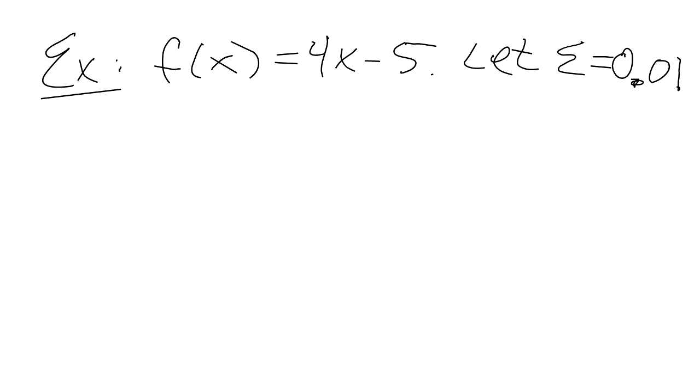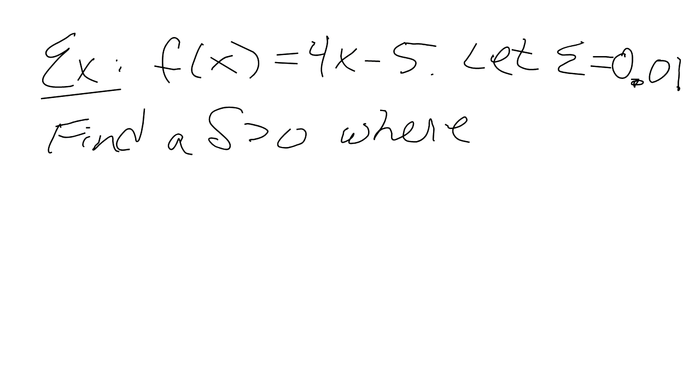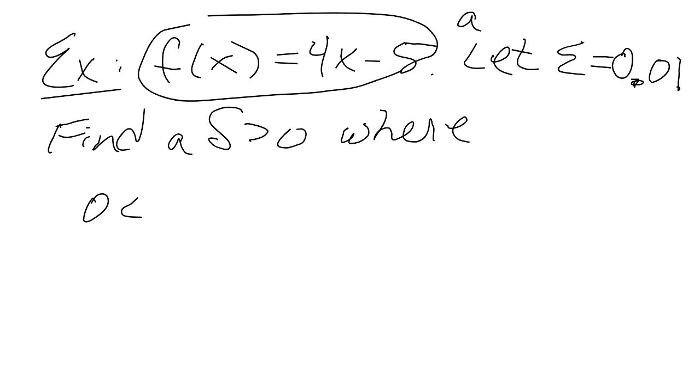And we need to find a delta greater than 0 such that 0 is less than the absolute value of x minus A. I want to let A, so f of x equals 4x minus 5, and I want to approach x equals 2.